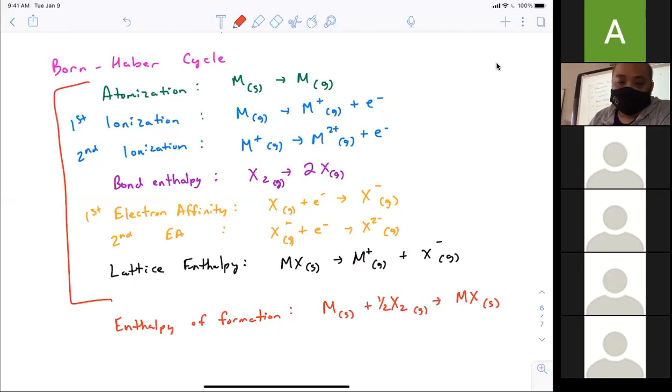So all those original reactions, when added up in the correct context, with the correct signs, equal your overall enthalpy of formation. And we're going to diagram it out so y'all can see.